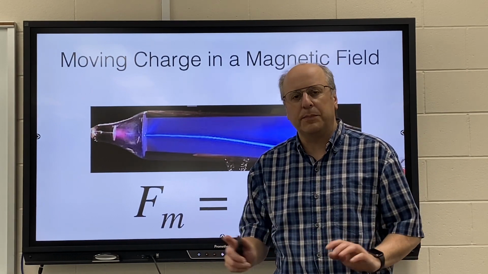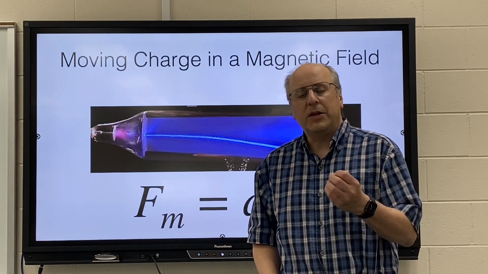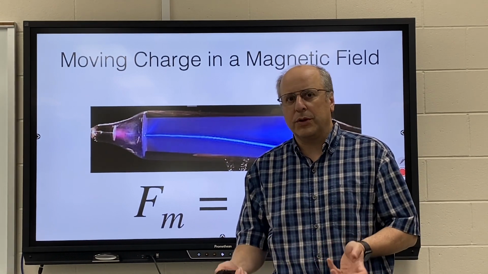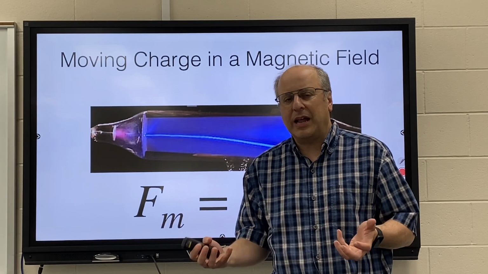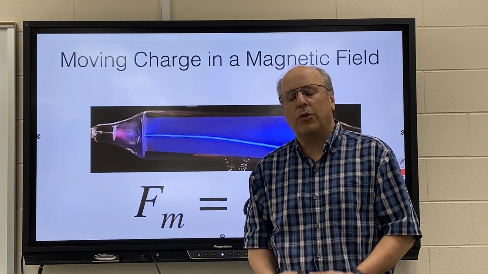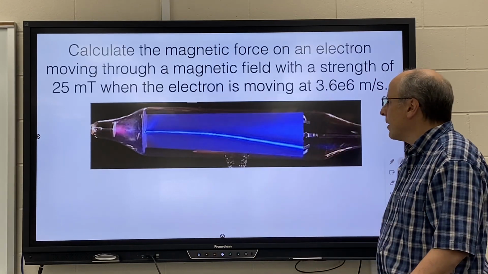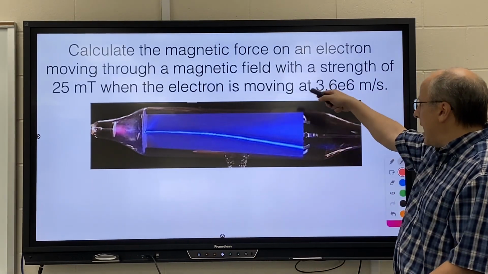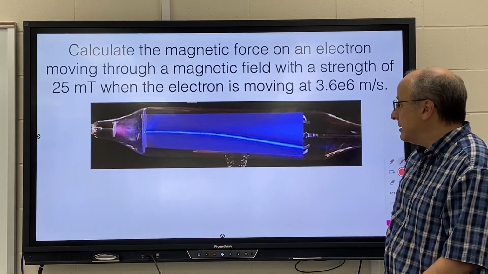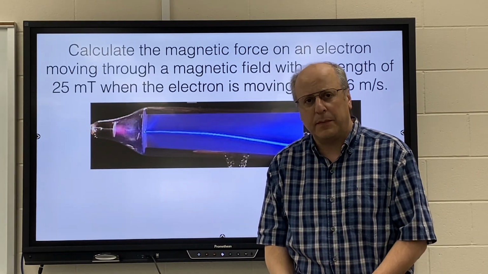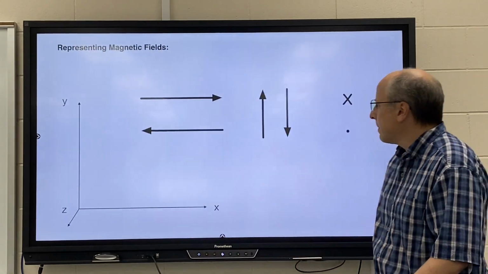It's not that simple with magnetism, because charges have plus and minus, and magnets have north and south. They're not equivalent, so we need a new rule, a new way of figuring out the direction of the force. Okay, so we can calculate using the formula we just had and we can get a value for the magnetic force, but what direction is it?